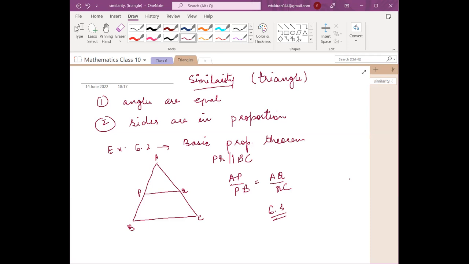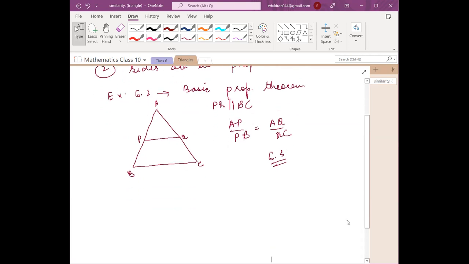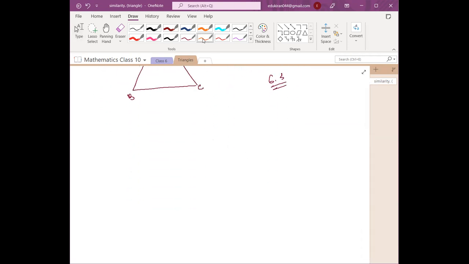But you are studying it for the first time, so we will prove it once. The first theorem, very quickly: there are two criteria for similarity, one about the angles and the other about the sides.